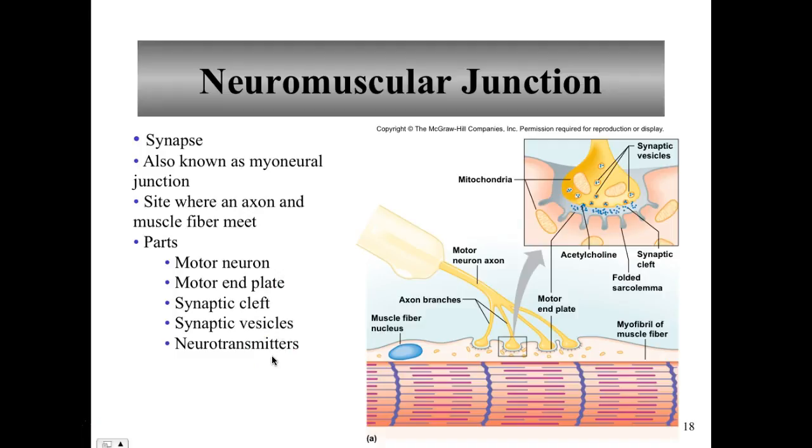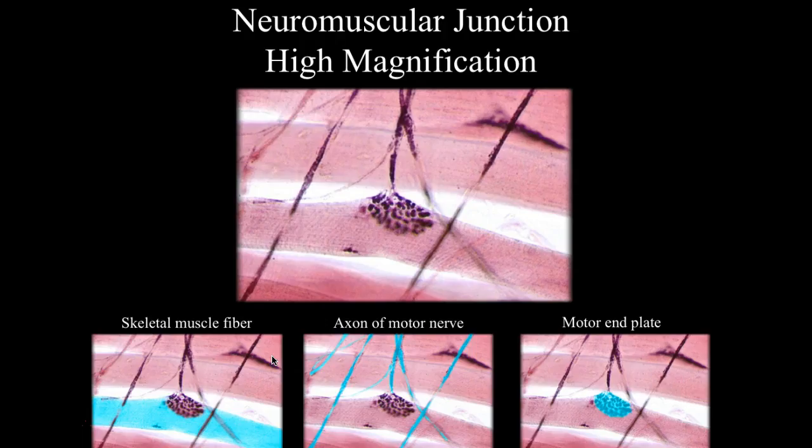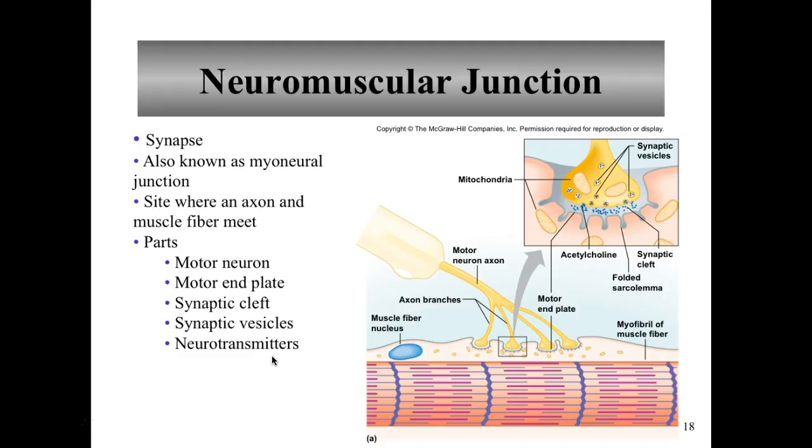A motor neuron, as written there, is defined as the nerve cell that stimulates the muscle cell. Neurotransmitters are the chemical substance that is released from the motor ending or the fiber.